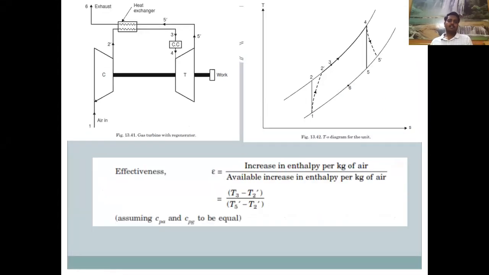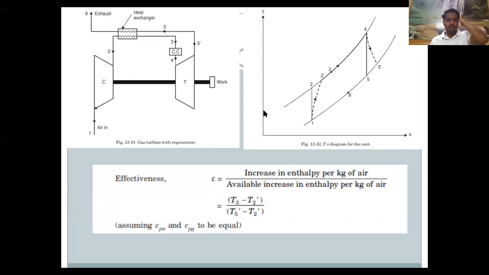Now next is gas turbine with regenerator. Now the exhaust gases from the gas turbine carry a large quantity of heat with them. Since their temperature is far above the inlet temperature of the compressor, they can be used to heat the air coming from the compressor, thereby reducing the mass of fuel supplied in the combustion chamber.